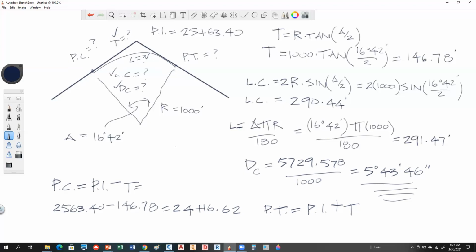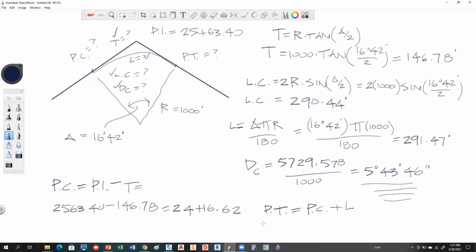Can you do PC plus the long chord? Nope, because that would give you a straight shot. So you would need to use the L then. PC plus the L. Right. So the PT is always PC plus L. Don't ever do it any other way.